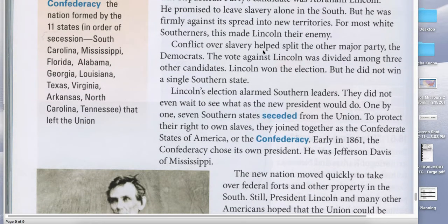Conflict over slavery helped split the other major party, the Democrats. The vote against Lincoln was divided among 3 other candidates. Lincoln won the election, but he did not win a single Southern state. So he probably did not win the popular vote. He just was able to defeat the 2 other candidates, but he wasn't elected by a majority of the United States.